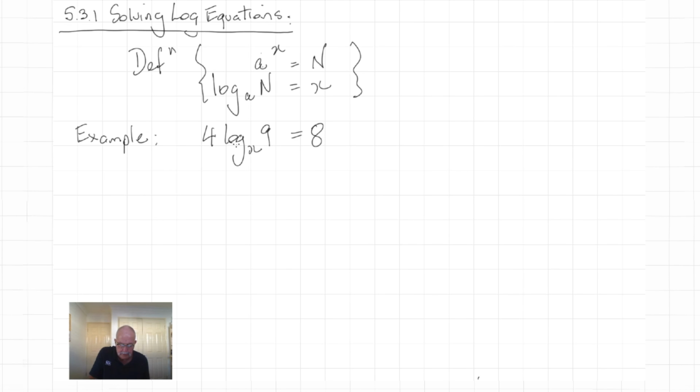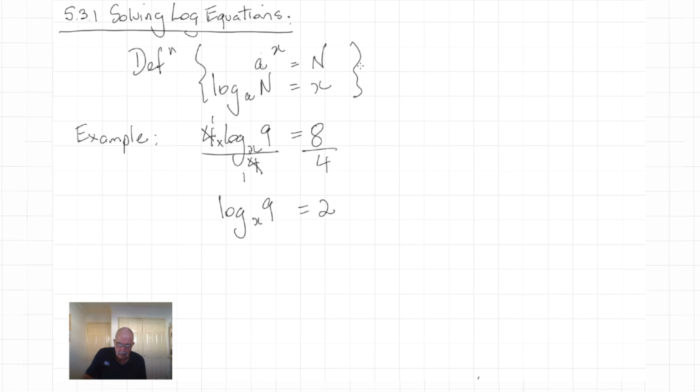Don't forget that 4 is connected to the log by a multiplication, so we can cancel that down and we get 1, and anything over 1 is just whatever's up there. So we've got the log of 9 to base x equals 8 divided by 4, which is 2.